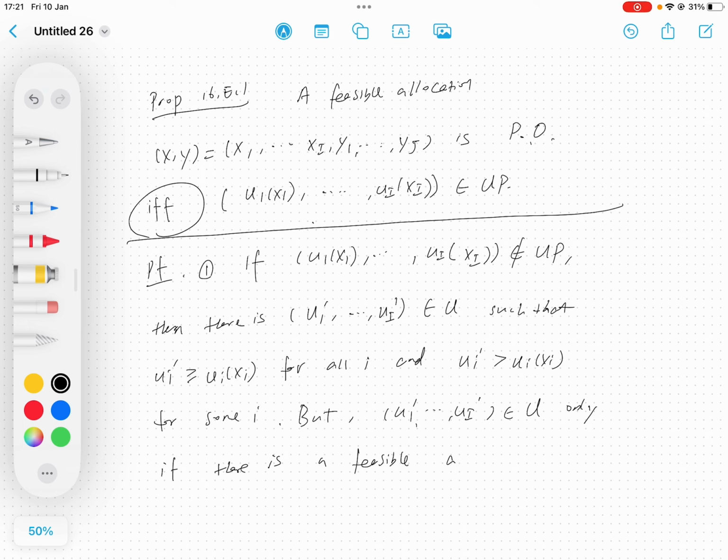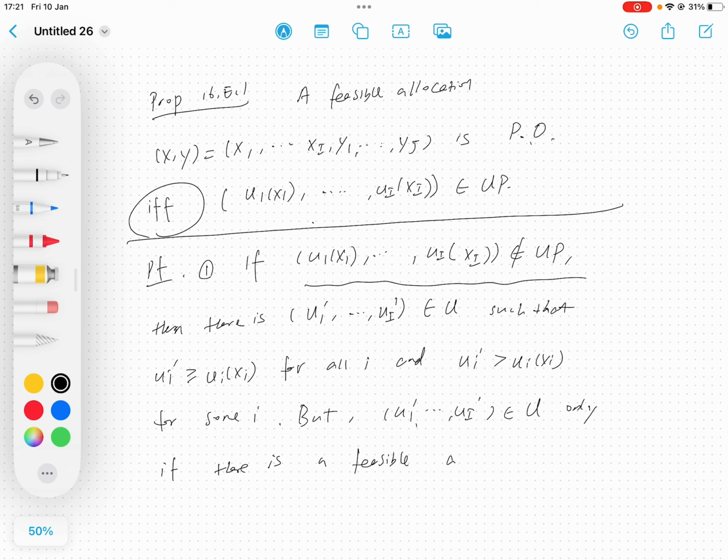So we're going to try to prove this. For both directions, we're going to prove them by contraposition. For the first direction, we assume that these utilities are not an element of UP. You can refer to the definition that we gave in the previous episode.